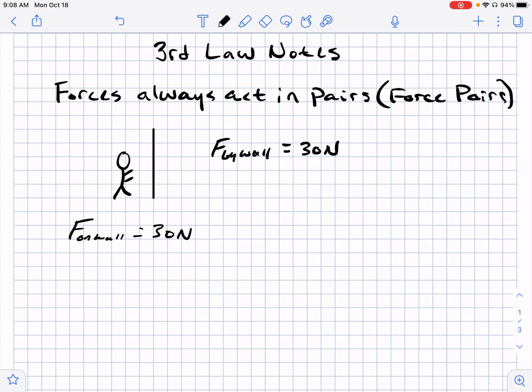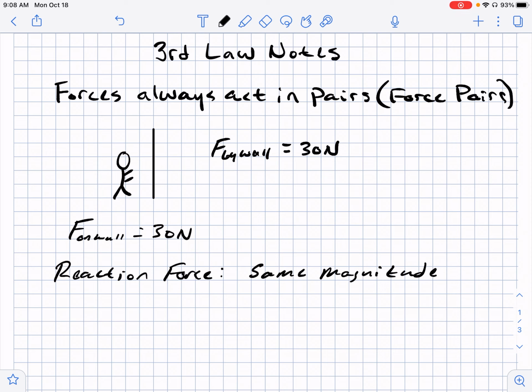And if you notice, they're the same magnitude, so your reaction force will always have the same magnitude. In this case, it was 30 newtons for your magnitude.